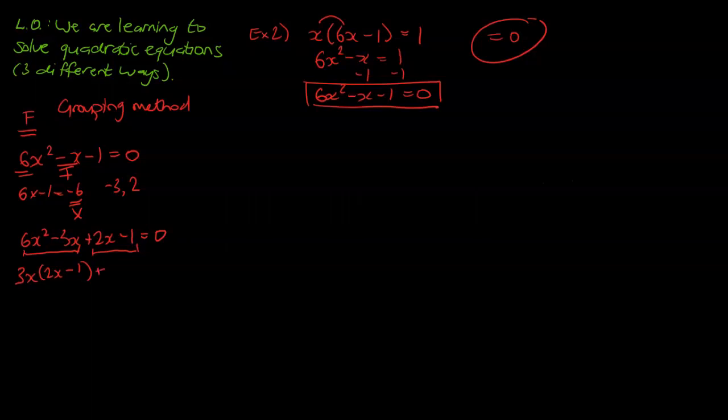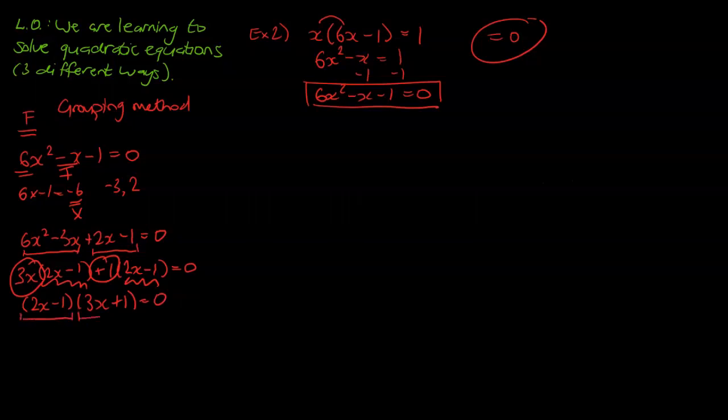Looks like this next group has nothing in common, so we're just going to put a 1 because they've got nothing else in common. Same brackets the same. And I'm liking this. You can see how we've got the same bracket coming up twice. That means we haven't done any silly mistakes. So it's going to be 2x minus 1. And then the leftover bits, the 3x and that positive 1, form the second bracket. And there's our quadratic.